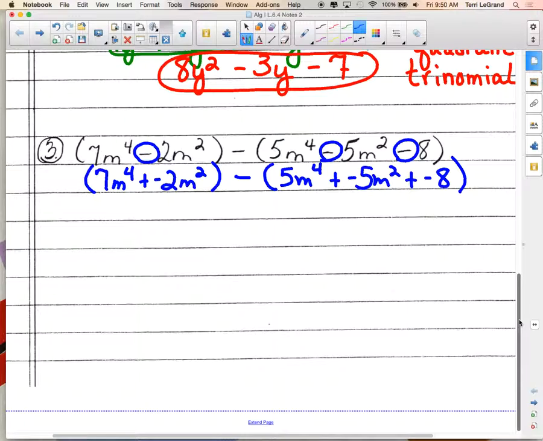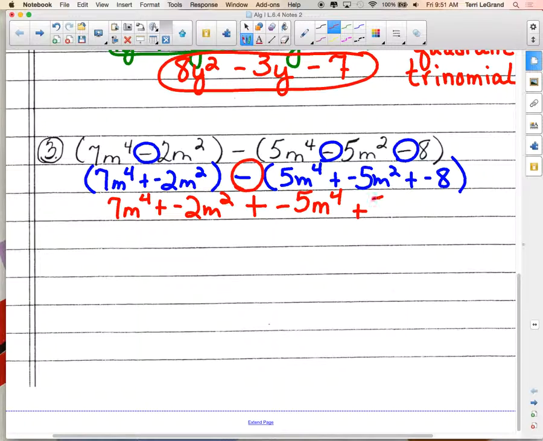Okay, now, since I have addition in the first one, I can drop its parentheses. I still have that subtraction between the polynomials. So when I change that to add, what am I going to be adding? Negative 5m to the 4th. Plus what?